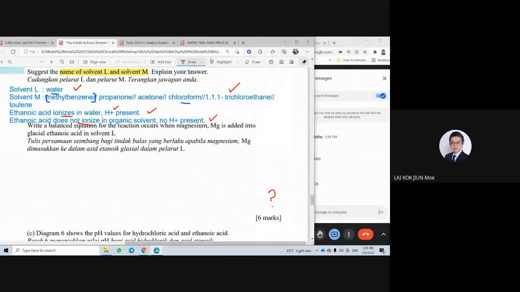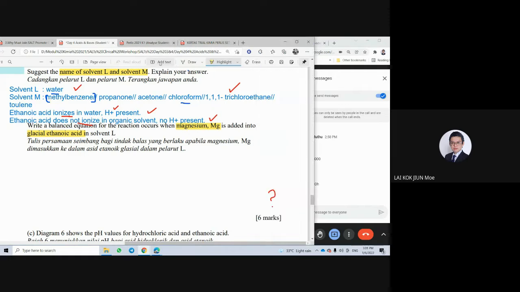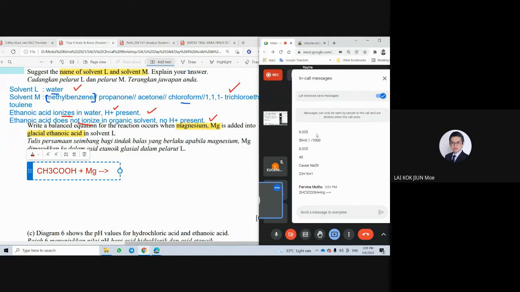Okay, so how about this one? Write the equation, Pavina. Equation when the magnesium reacts with the glacial ethanoic acid. How are you going to write it? Pavina, try. Ethanoic acid, CH3COOH plus, how? Magnesium will become how? Good, Pavina.